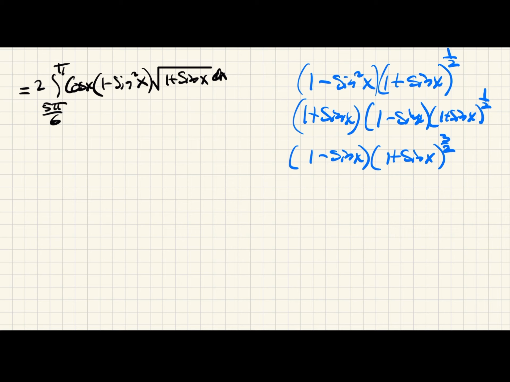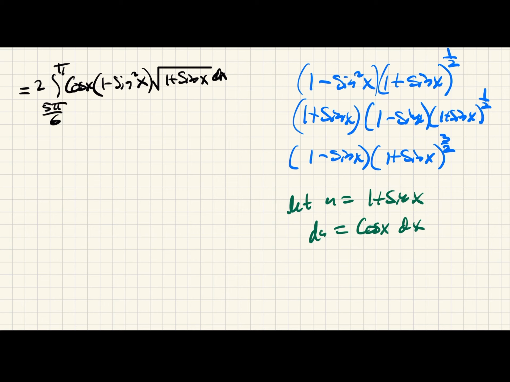So everybody seeing the logic here? So let's let u be 1 plus sine x. Now, du is still cosine x dx, right? Okay, that's looking pretty good. But what about that 1 minus sine x?